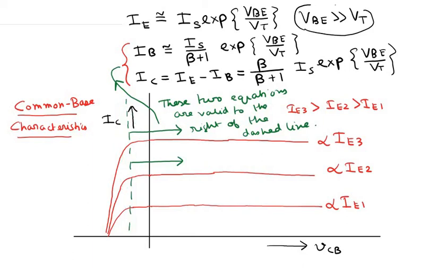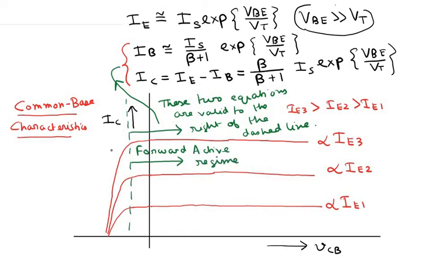Now this regime where the collector current does not vary with the collector to base voltage is known as the forward active mode, or the forward active regime.